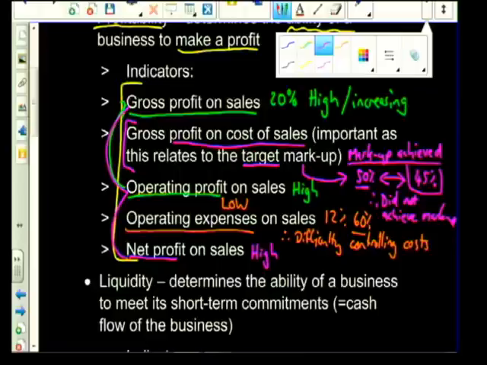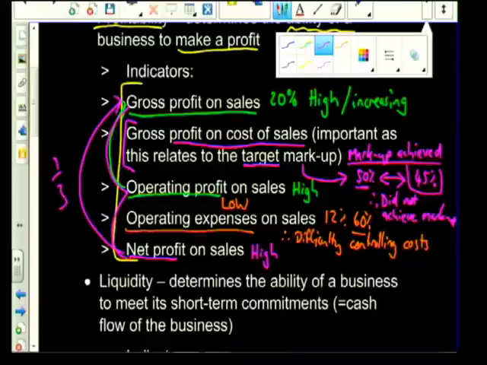Usually a good rule of thumb is that we want this net profit on sales to be at least 1/3 of our gross profit on sales. So in other words, if our gross profit on sales is 30%, it means that we would want our net profit on sales to be at least 10%, because 10 is 1/3 of 30. We would want it to be as high as possible and at least 1/3 of our gross profit. Otherwise, we would have to conclude that we have got difficulty controlling our costs, we have too many expenses, and our profitability is not very pleasing.